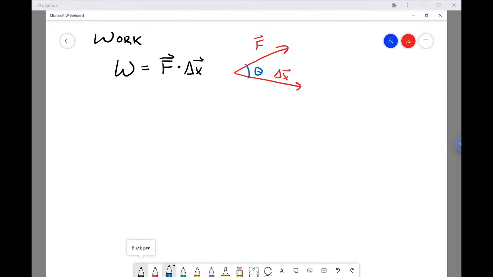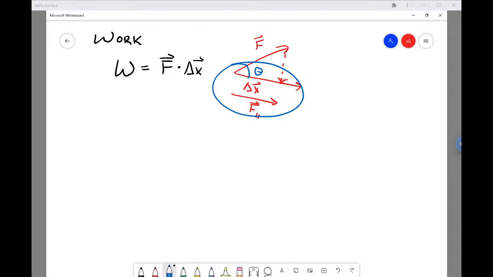And what that effectively is, you imagine that you take F and you project it down onto the displacement vector, and a portion of it is parallel to delta x, and it's only that portion that matters when it comes to work.